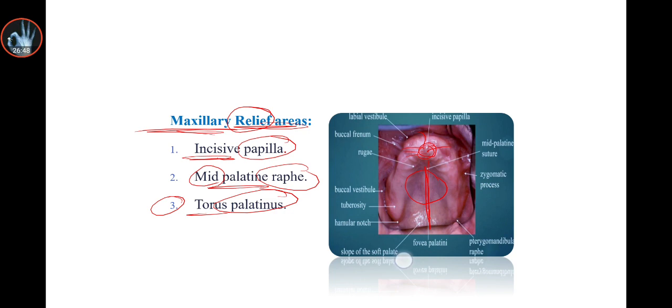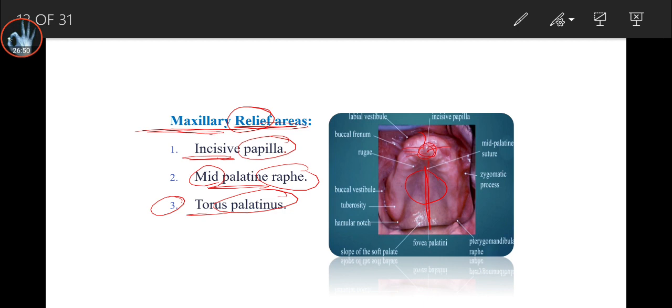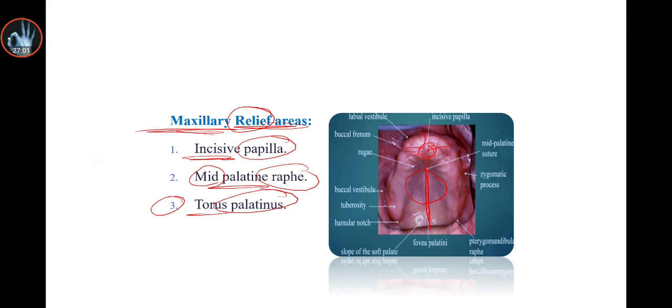So these are the general terms of the supporting, limiting and relief areas of the maxilla in general.